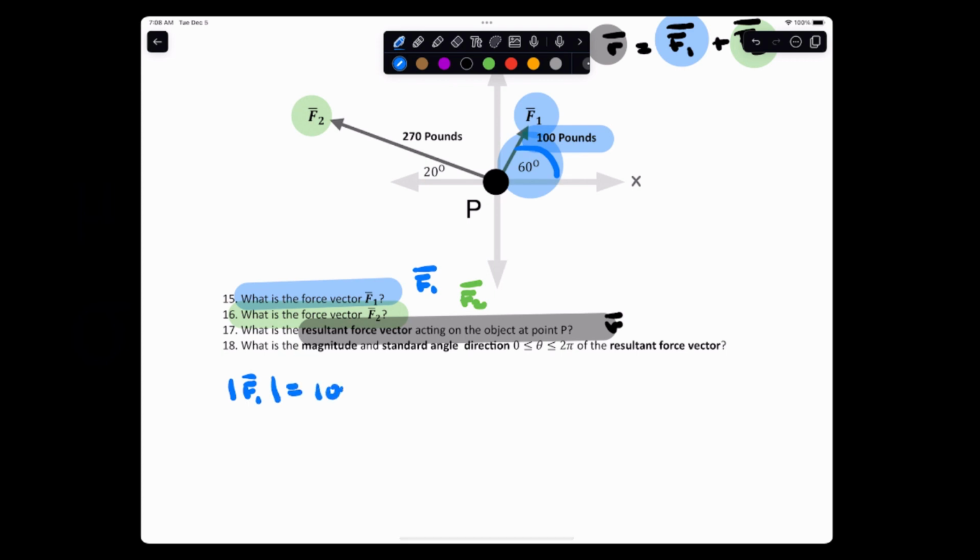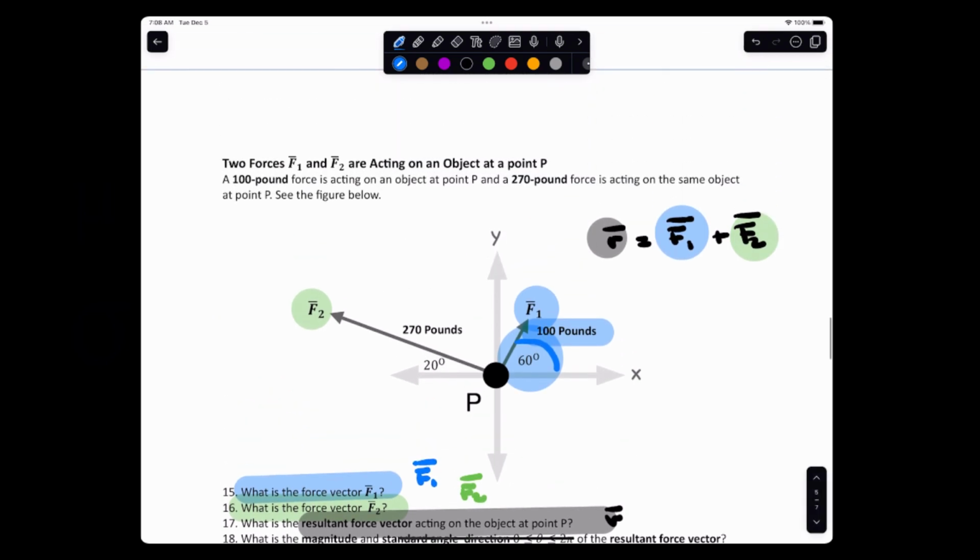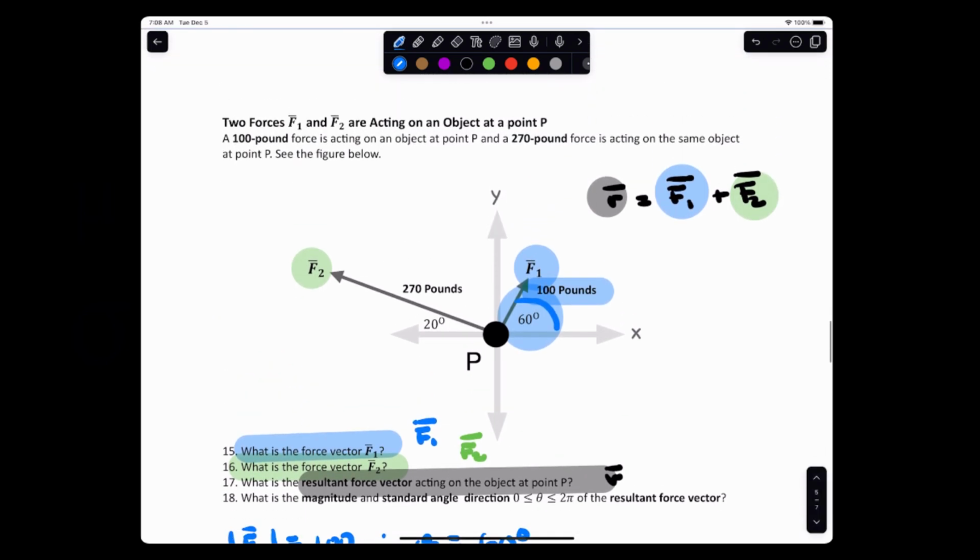The magnitude is 100. The standard angle, 60 degrees. Okay, so now we're going to go to the second force. And the second force in green is 270 pounds.